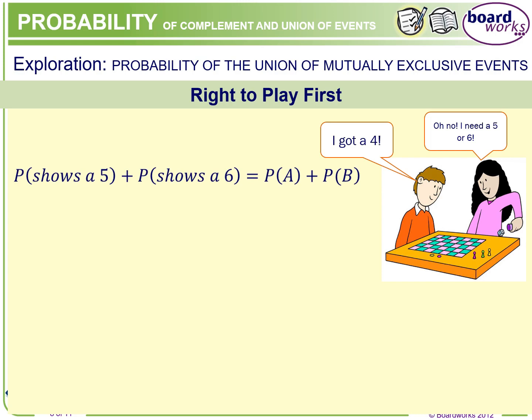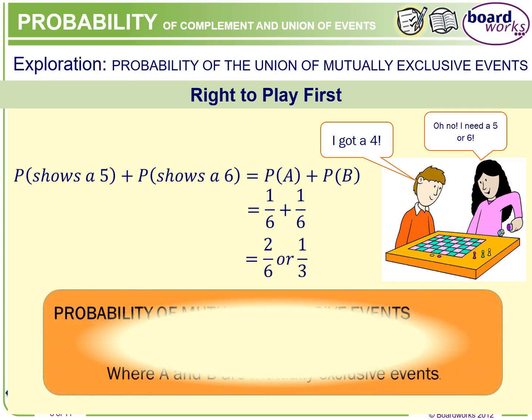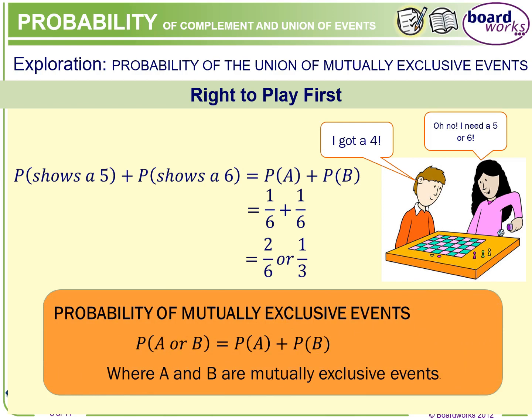So probability of A plus probability of B: that is 1 over 6, because there's only one 5 out of 6 numbers, plus 1 over 6 for the 6. That is 1/6 plus 1/6, which is equal to 2/6 or 1/3. So the same result is obtained as a while ago.